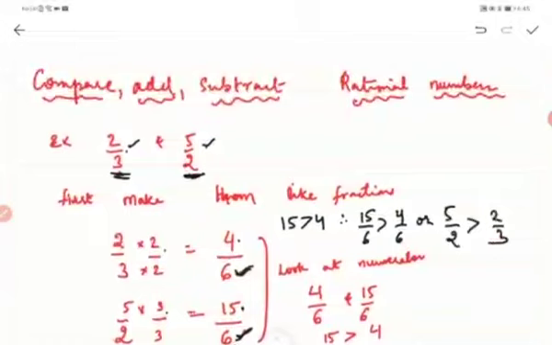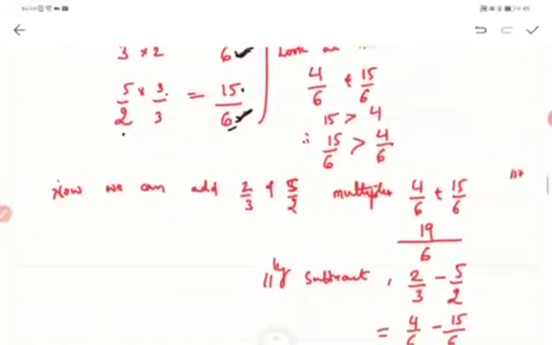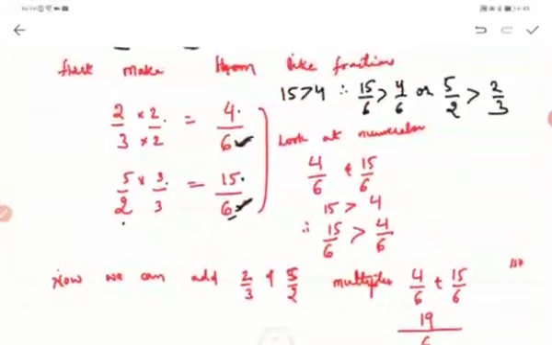Okay, first you'll convert them into like rational numbers, or like fractions, and then you can easily compare the numerators. Okay, so for adding or subtracting also, it is the same as your fractions. What you will do, you need to first make them like fractions, by finding the multiples, and then go for addition.